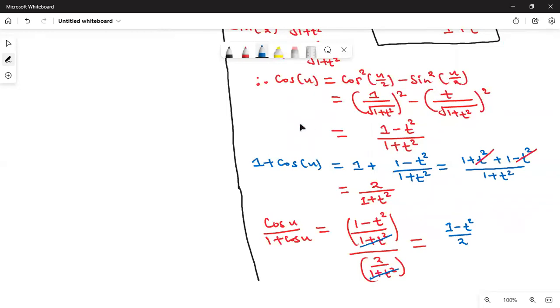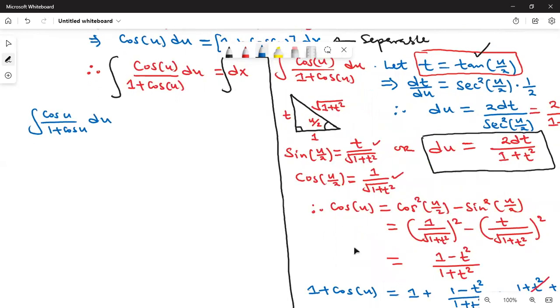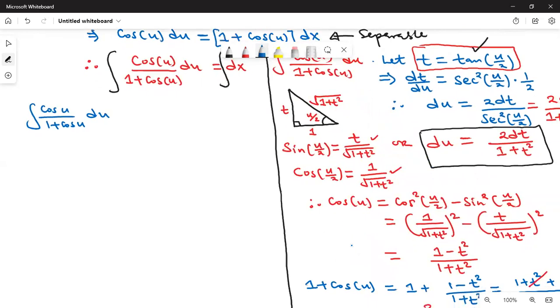So now we go back to this integral and replace whatever we have found. So this is the integral of 1 minus t squared over 2, then du, we got this 2 dt over 1 plus t squared.